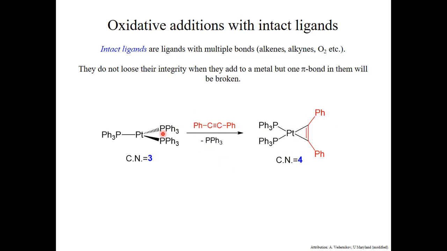Let us verify this. So in this compound, in this tris(triphenylphosphine) complex, the platinum has the oxidation number 0. As we add the ligand, the platinum has the oxidation number +2.